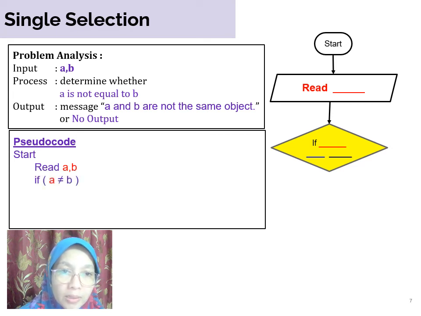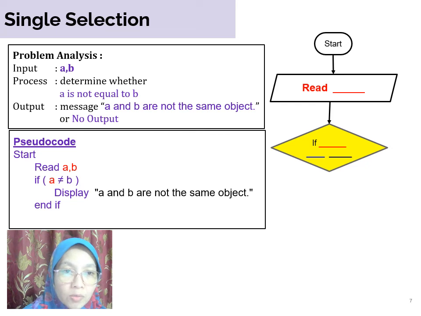Then if a is not equal to b, display a and b are not the same. If not, it will just end the process, with no output.